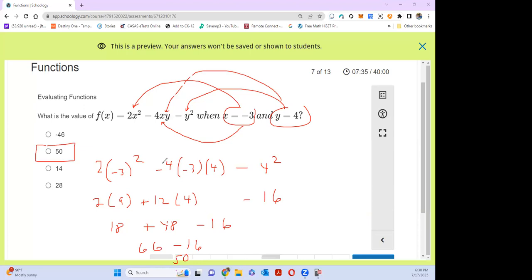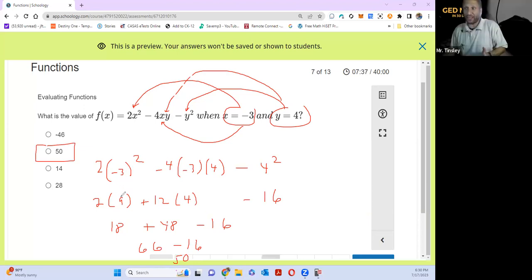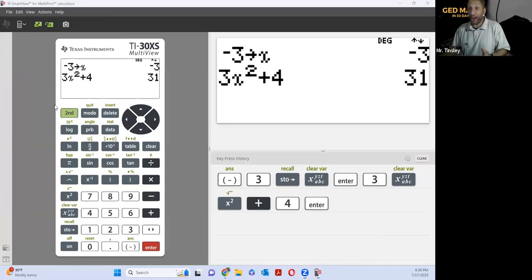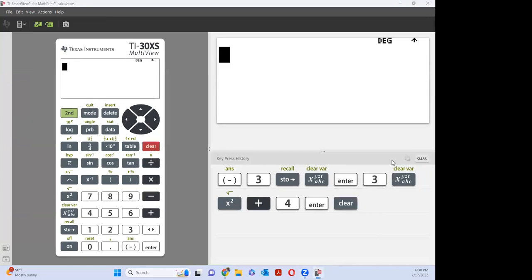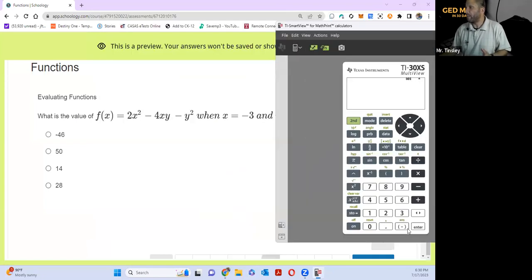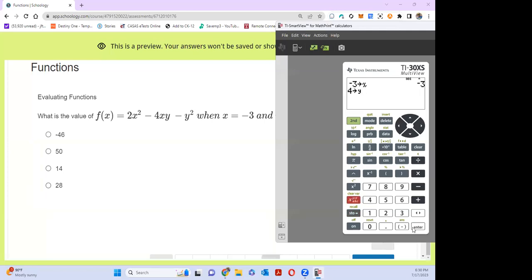There's so many places. If you thought this was -9, or you thought this was -12, why even put yourself through the heartache? Grab your calculator. Store variables. Store -3 in X, 4 in Y.